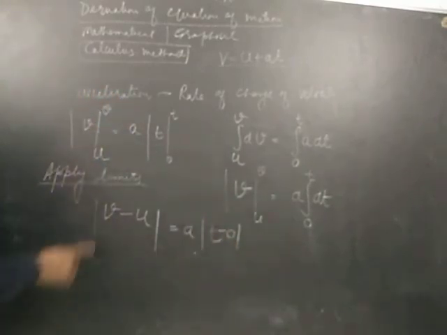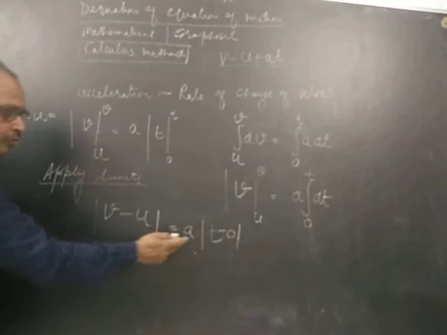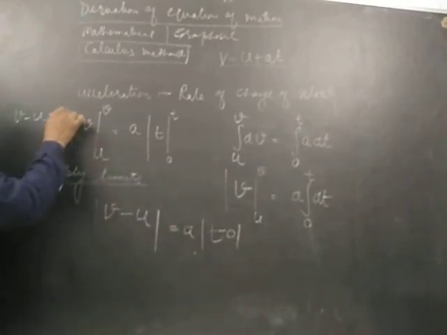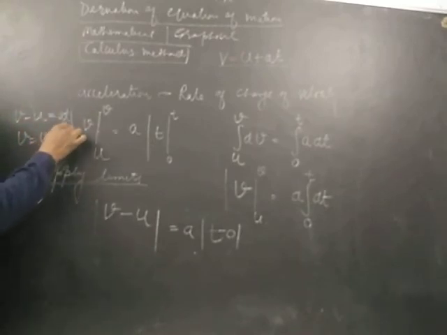As simple as that. So what you get? v minus u is equal to at, and v is equal to u plus at.